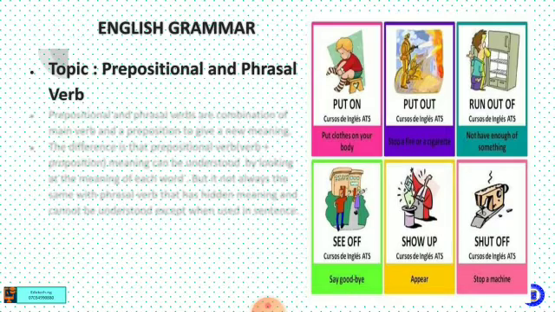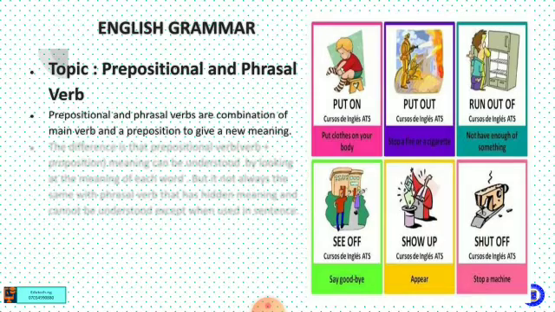Then a phrase. A phrase is a group of words that does not contain a subject and a verb. All right, so we know what a verb is, an action or a doing word. So quickly, what is a prepositional and a phrasal verb?